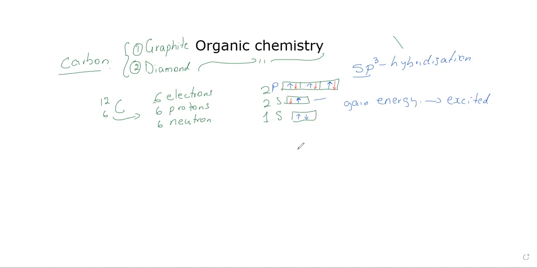Now, that's why when you have carbon, it appears there. Now, if that is from a hydrogen, that from a hydrogen as well, that from the hydrogen, that from the hydrogen, this compound here is called methane.